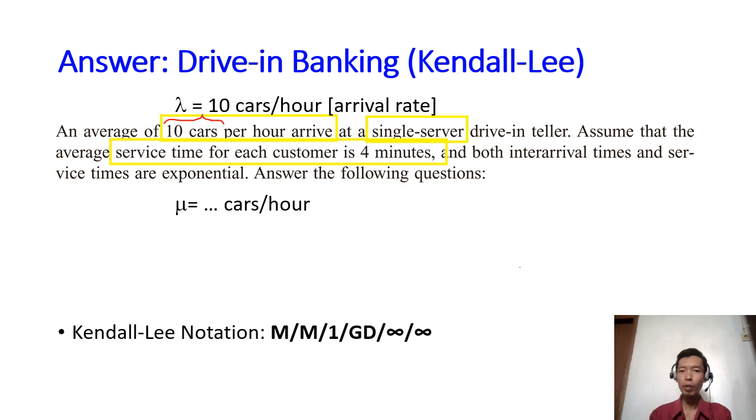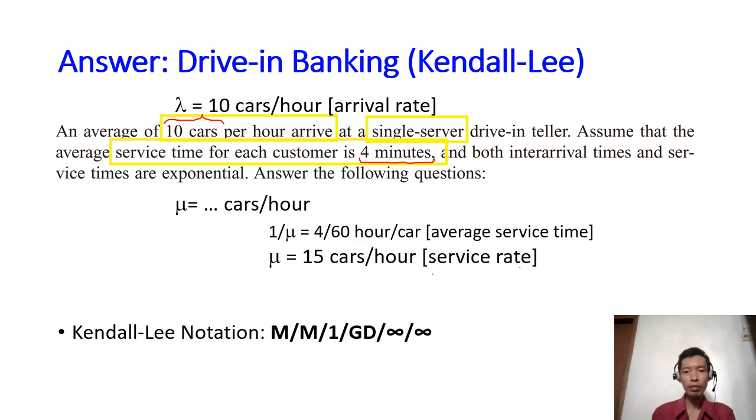That's why we cannot use this 4 minutes, because the unit is minutes per car. Actually, the 4 minutes per car is 1 over mu.